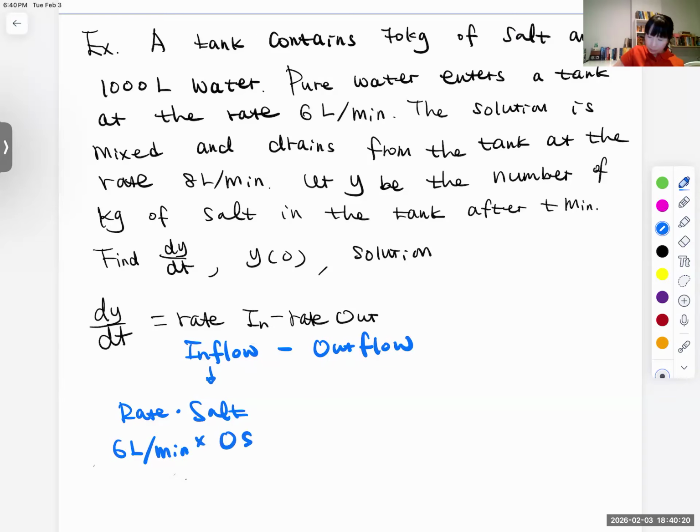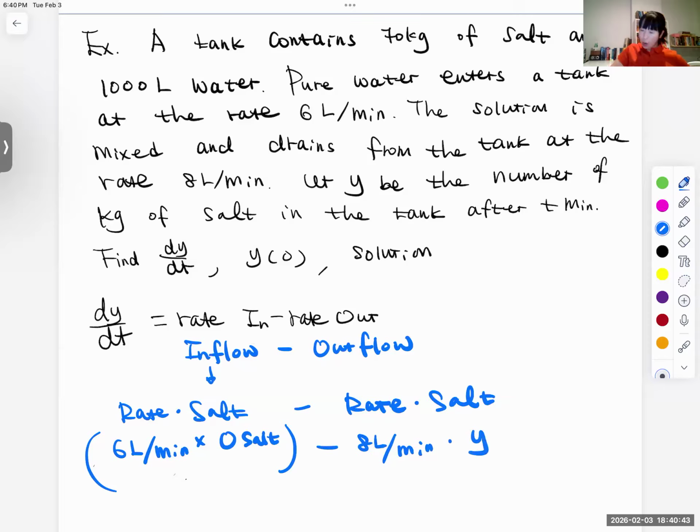Then minus rate times salt: the drain is 8 liters per minute, and the salt we don't know, so y, over the total volume, 1,000 liters of water. The difference between 6 and 8 is 2, so negative 2t. Make sense?